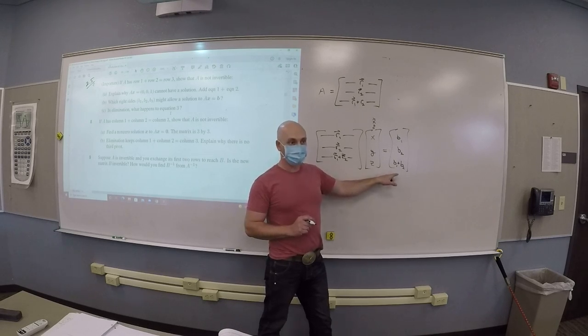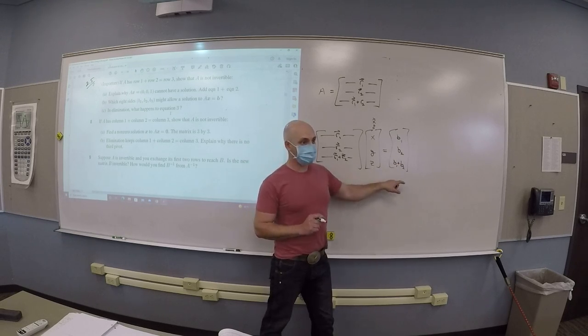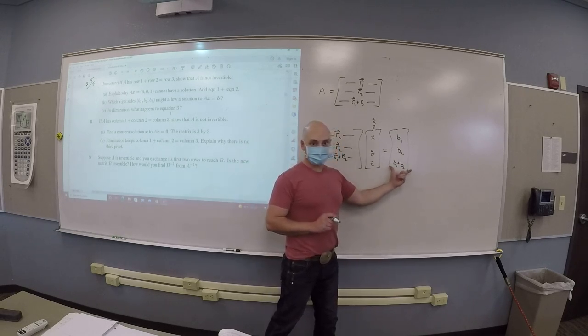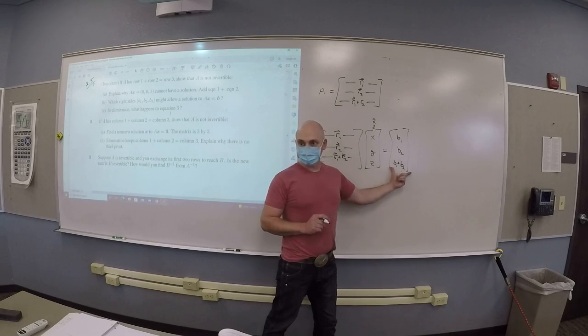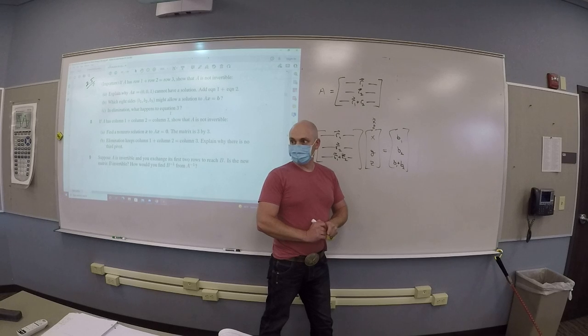In this case, the codomain is strictly bigger. The codomain is all of R3, but I can only solve things like this, and this is a 2-dimensional plane. You guys see that?